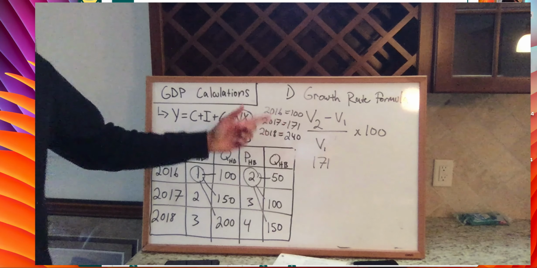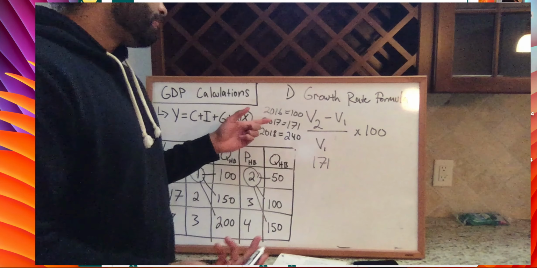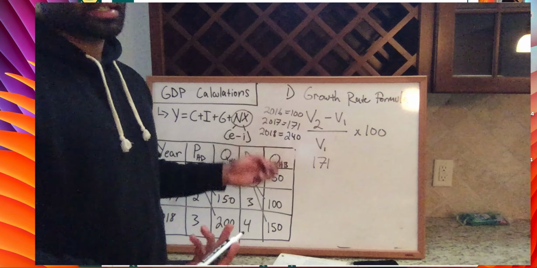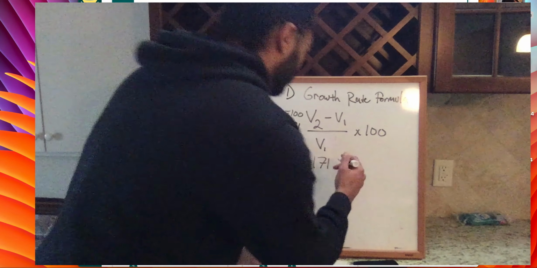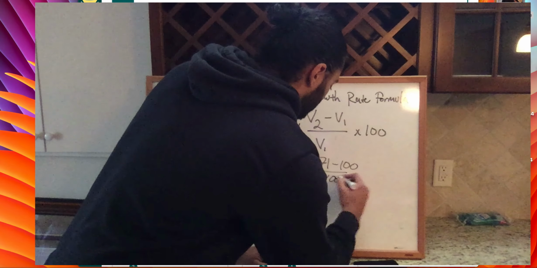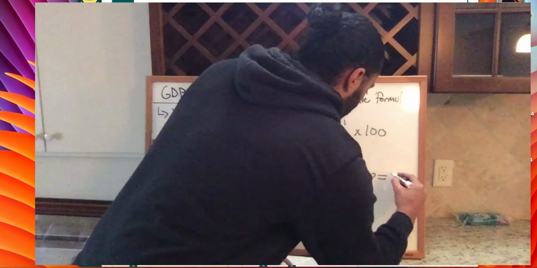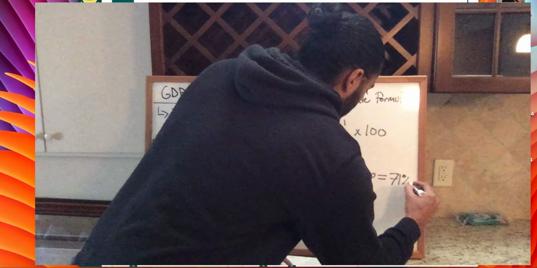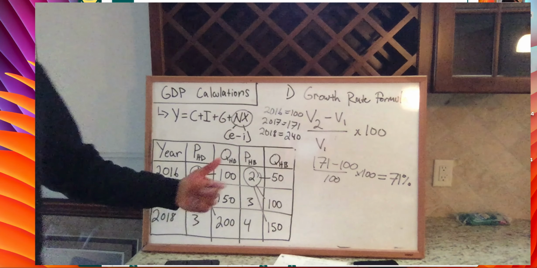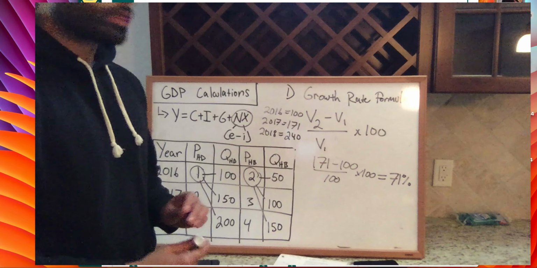It's always going to be your larger value, or the year that's closest to you. So from 2016 to 2017, 2017 is closer to us. So 171 minus 100 divided by 100 multiplied by 100 equals 71%. So overall, prices have increased by 71% from 2016 to 2017.